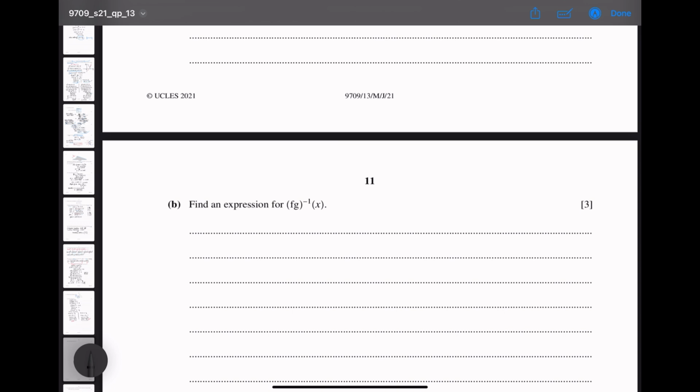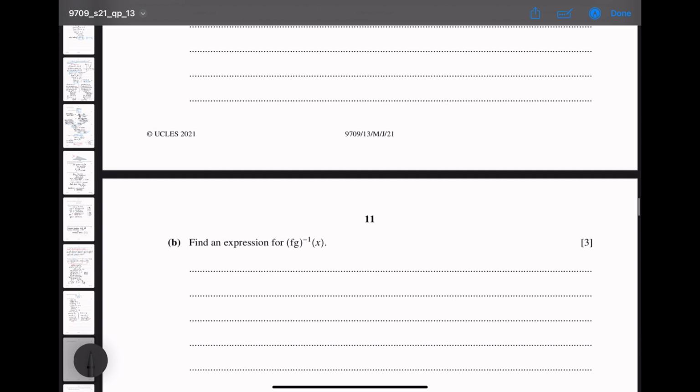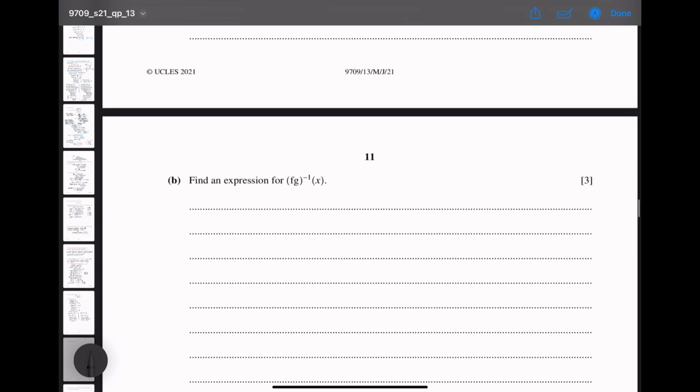The fg function from part 1, we have found already, fg(x) is (1 over 2x plus 1) squared minus 1.